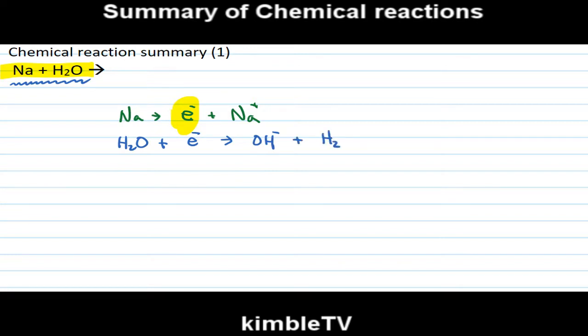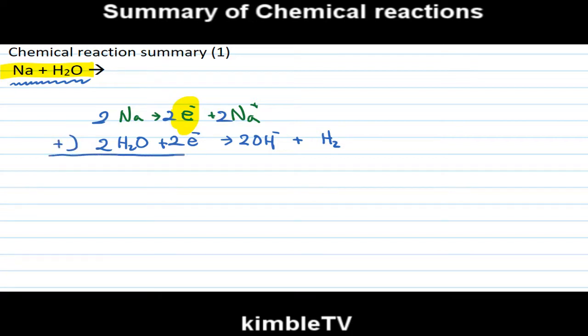At this time, hydrogen will be released very quickly, violently, to be exploded. Be careful. And then balance. 2 and 2. Two water molecules require 2 electrons. Therefore, we should multiply both sides by 2, 2, 2, in order to cancel the electron.